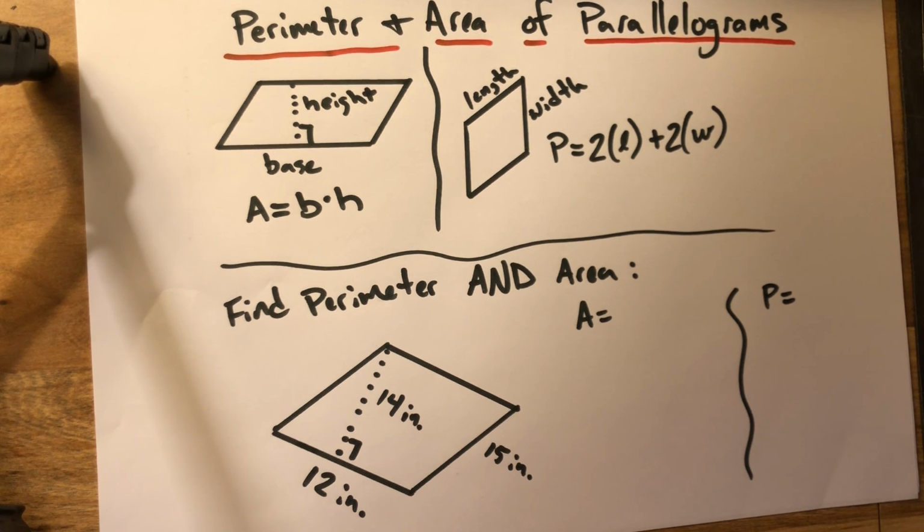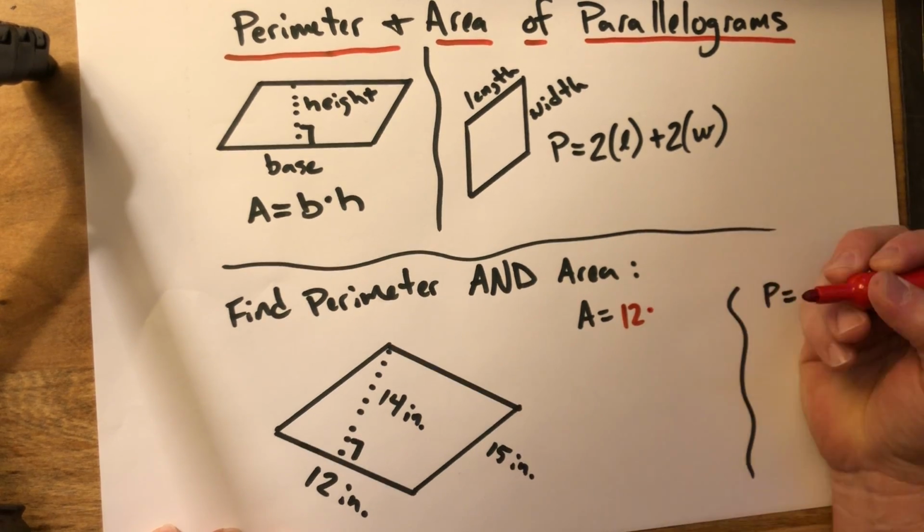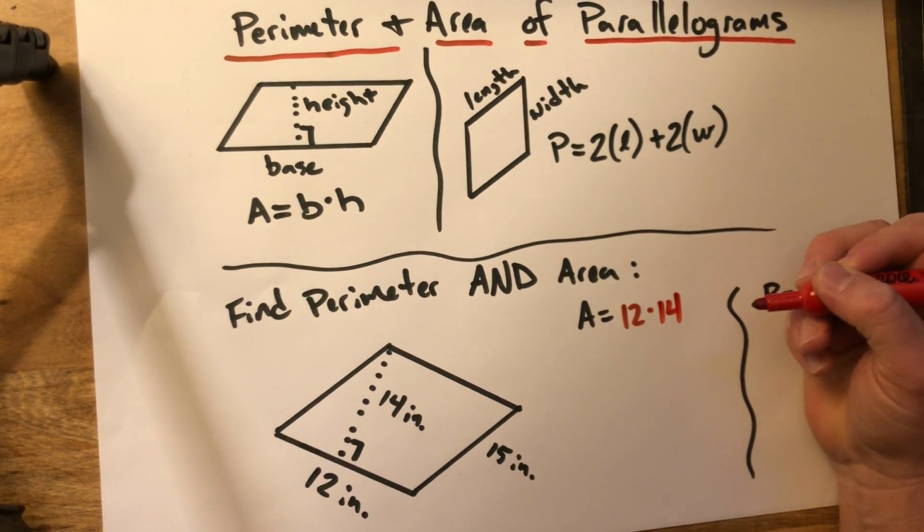Let's start with finding the area first. If I want to find the area of this parallelogram, I'm going to take the base times the height to find the area of that parallelogram. So if I set this up and I say, okay, base is 12 times the height is 14.